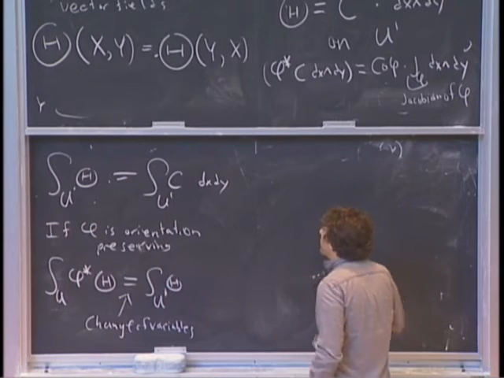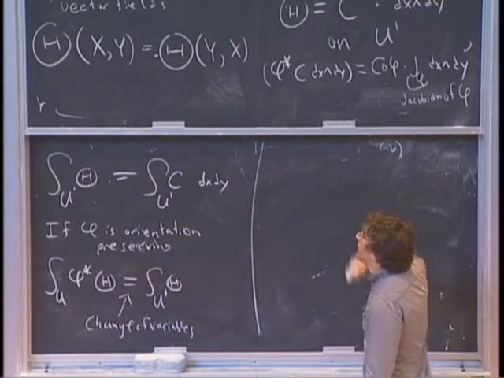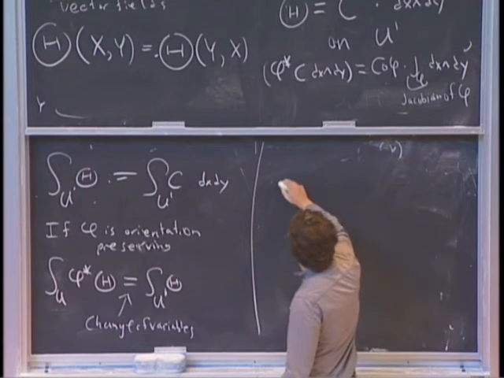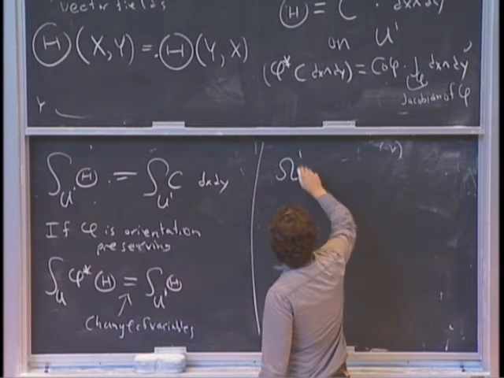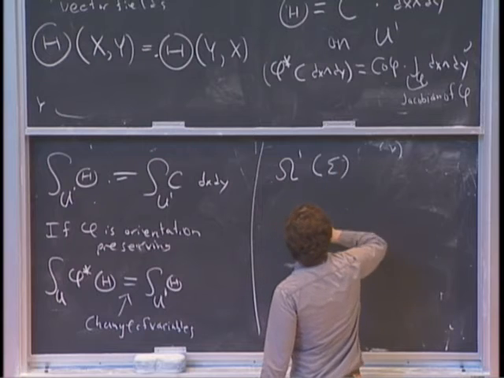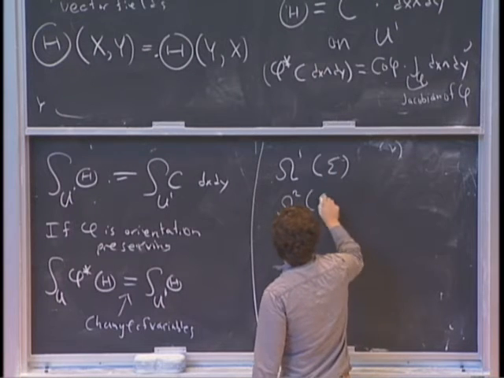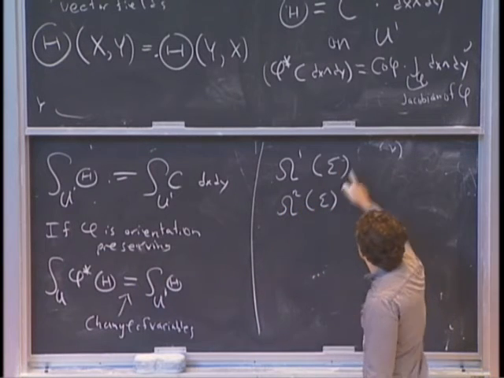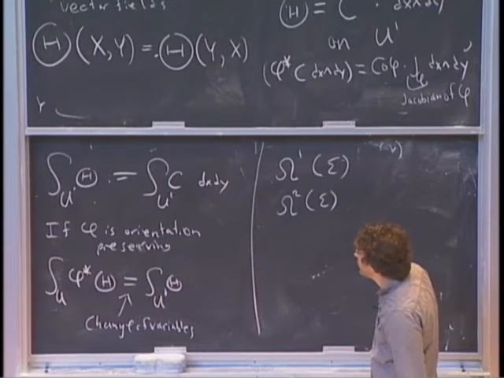Okay, so then the final remark, which again is somehow already implicit, is we had these omega 1 of sigma, and then we had these two forms, omega 2 of sigma. So we want to see how we can get from one forms to two forms.